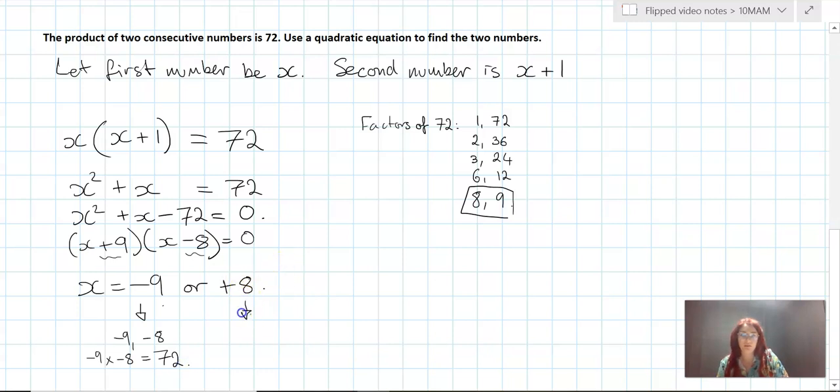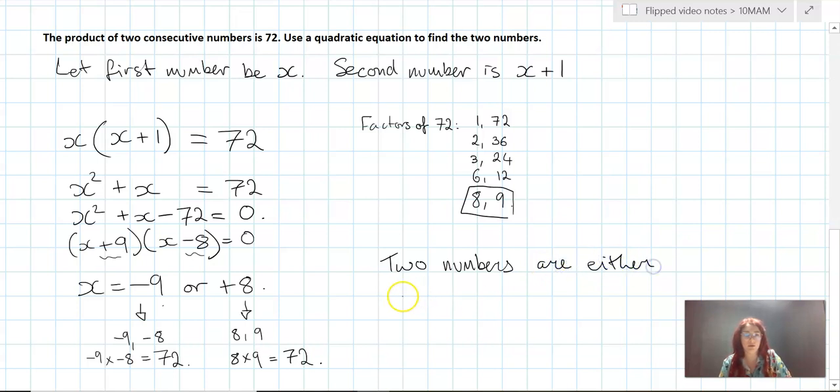Positive 8, we're going to have 8 and then 9, and 8 times 9 is going to give us 72. So either way, our solution is valid. So the two numbers are either 8 and 9 or negative 9 and negative 8.